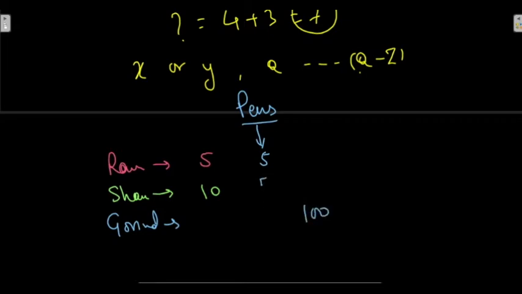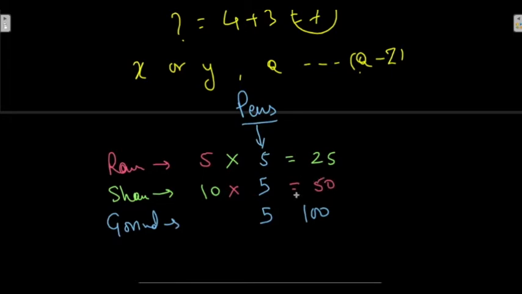Now, the cost of a pen is 5 in each case, right? When Ram is buying 5 pens, how much money is he paying? Simple, it is 5 into 5, and that is equal to 25. When Sham is buying pens, how much is he paying? He's paying 10 into 5, and that is equal to 50.